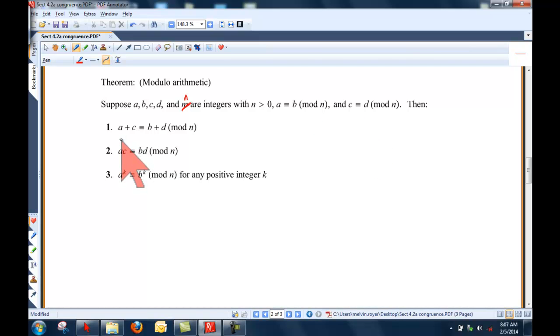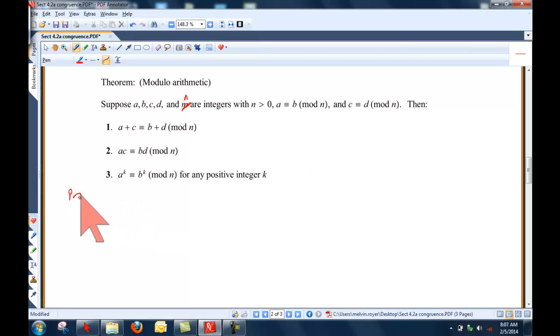Then the claim is that when I add like this, A plus C and B plus D, the result is still congruent mod n. Same thing when I multiply, A times C and B times D should still be congruent mod n. And exponentiation, when I take A to some power, B to that same power, since A and B were originally congruent mod n, those powers will be.